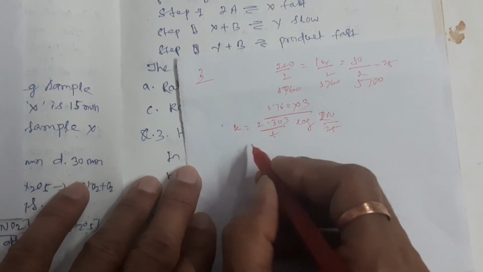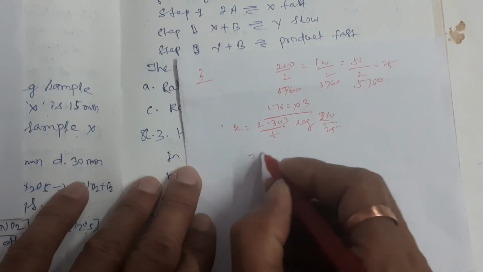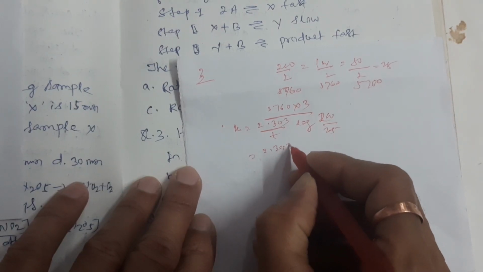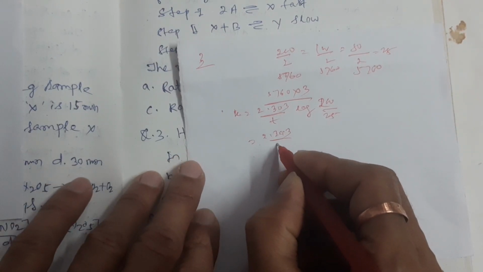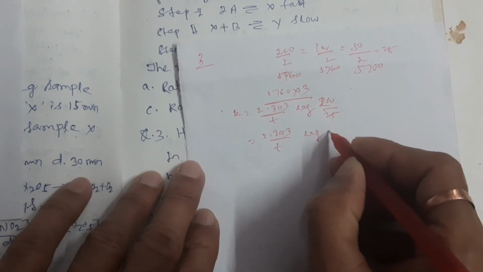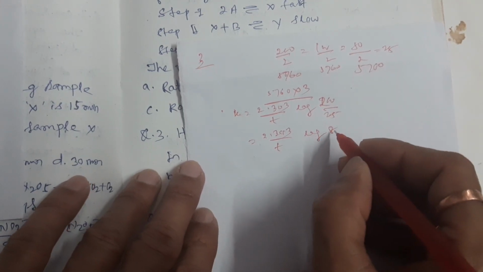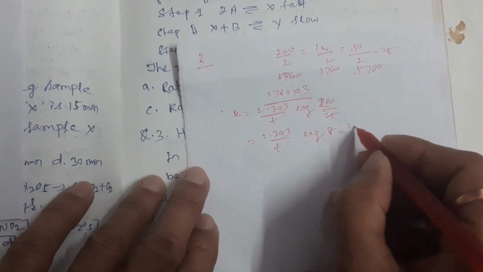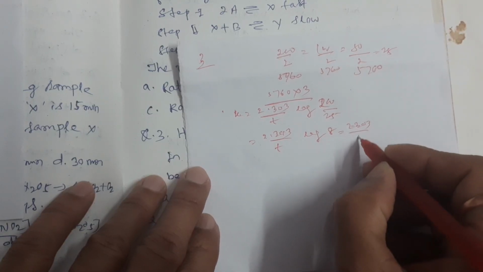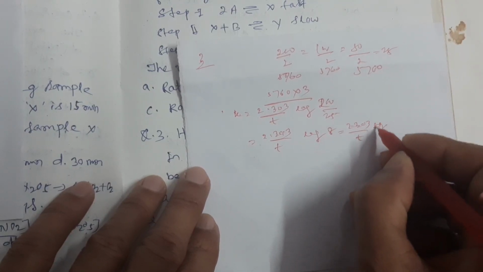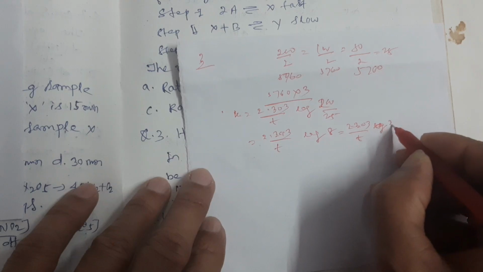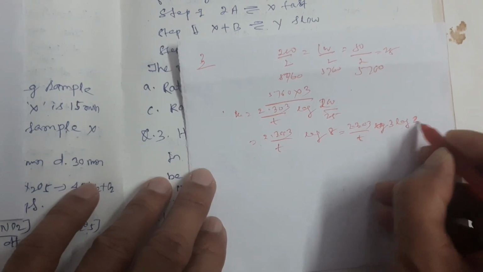So 2.303 by t log 8. Log 8 means 3 log 2.